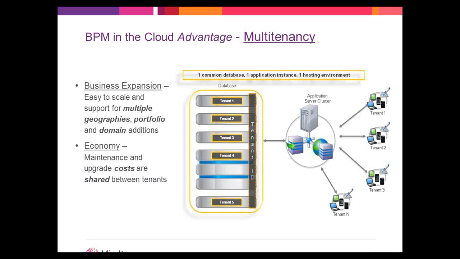One significant advantage of having a BPM solution in the cloud is scalability, the scaling nature. Increasing business demands put great emphasis on scalability. In today's world, global businesses need to expand to different geographies, extend their portfolios, and onboard new domains through mergers and acquisitions.